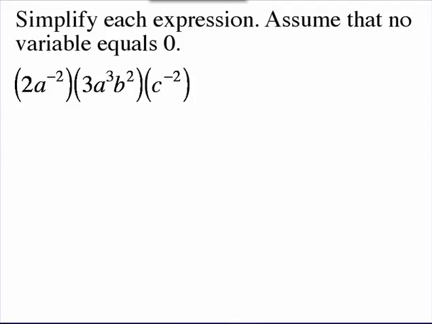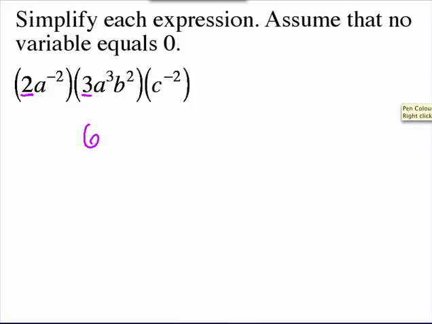The first thing we're going to do is look at coefficients. And so we're going to break this up. So I'm going to start with the coefficients. Notice I have a coefficient of 2 and a 3. And the coefficient here is actually a 1 even though you don't see it. So all I'm going to do is take 2 times 3, which is 6. Then I'm going to look at my next variable.